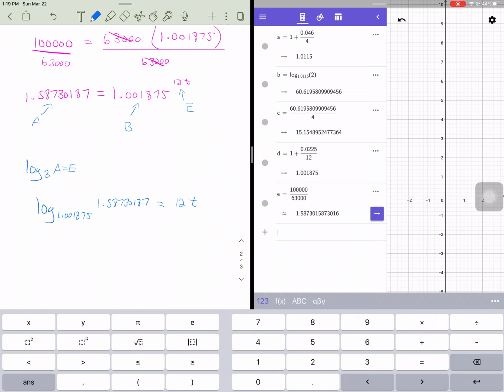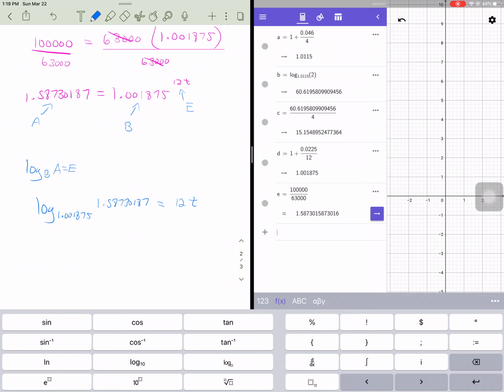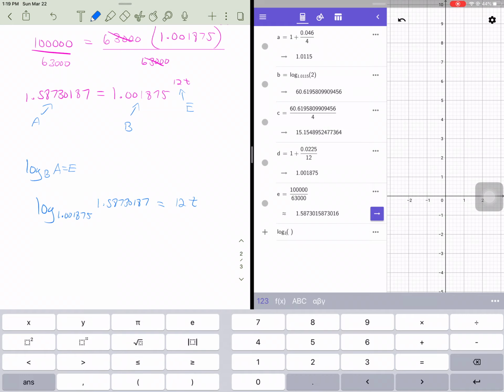So let's solve it. We get log base 1.001875 of, and I think I could just hit answer here. That'd be great. Yep. We take that, and we're going to divide that whole thing, which is this number. Remember, I just don't want to write it.